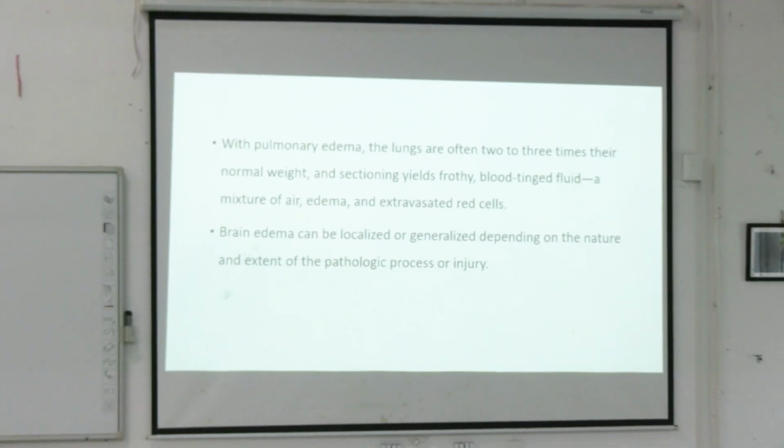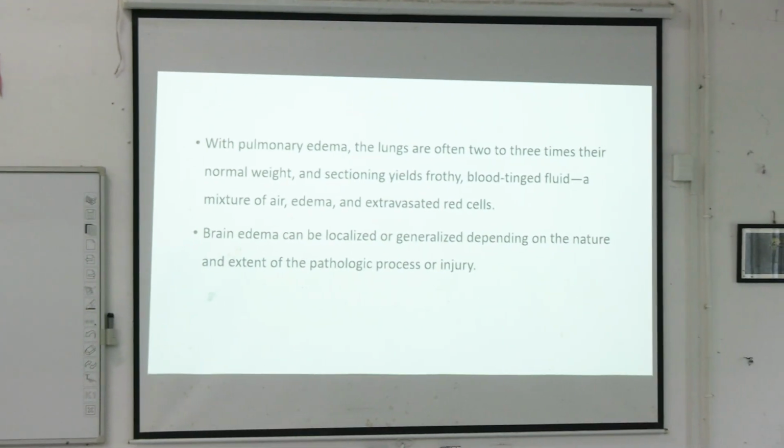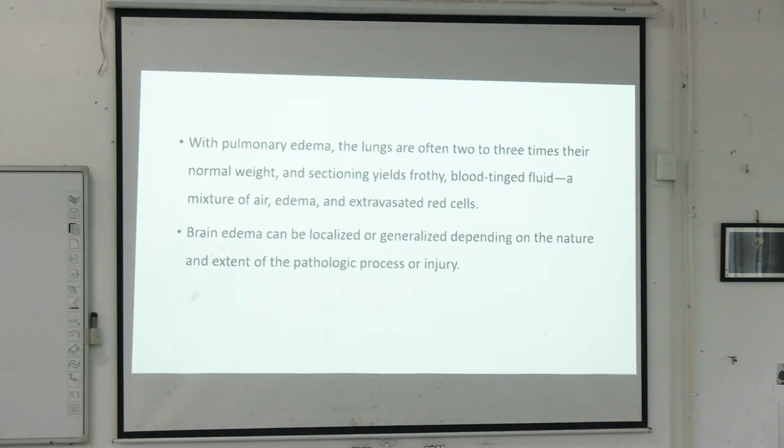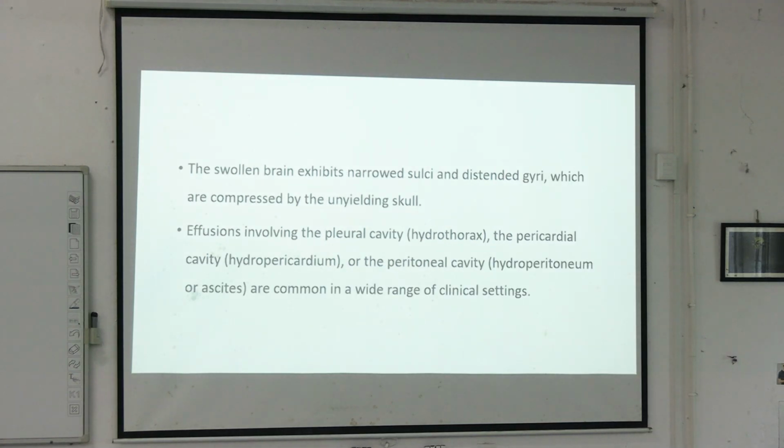Brain edema can be localized or generalized depending on the nature and extent of the pathologic process or injury. The brain exhibits narrowed sulci and distended gyri, which are compressed by the unyielding skull.